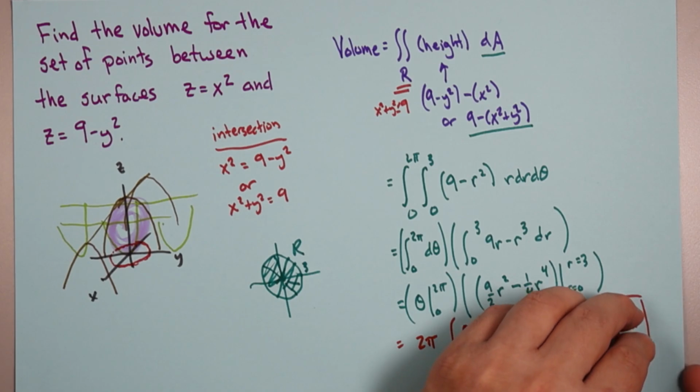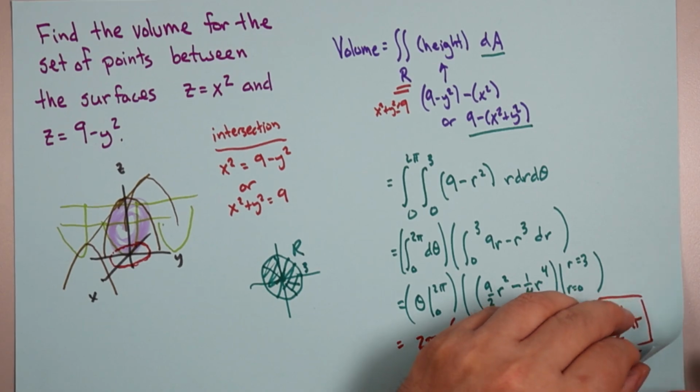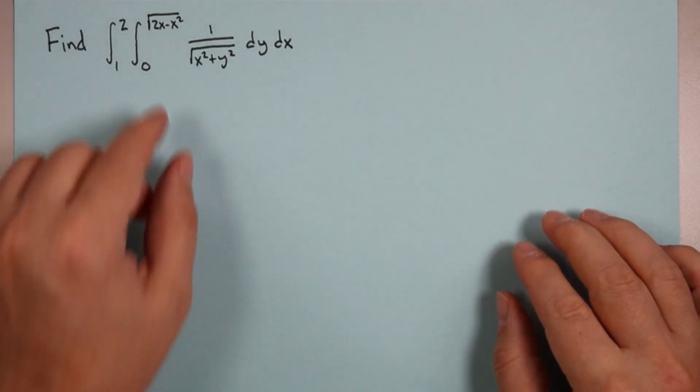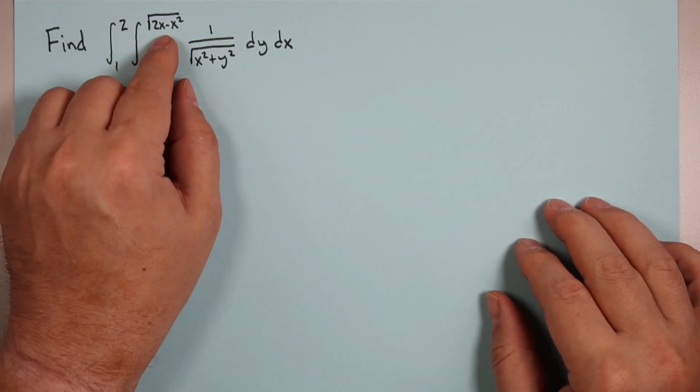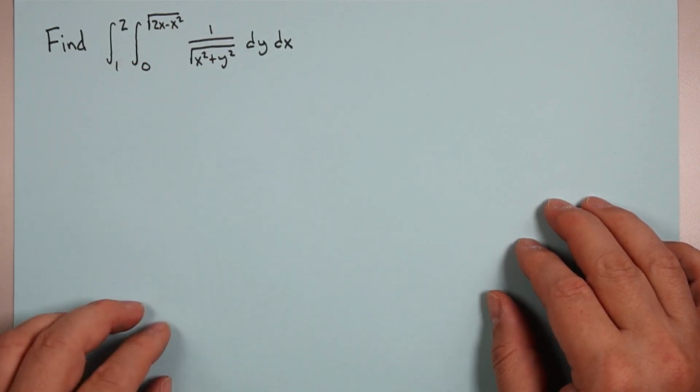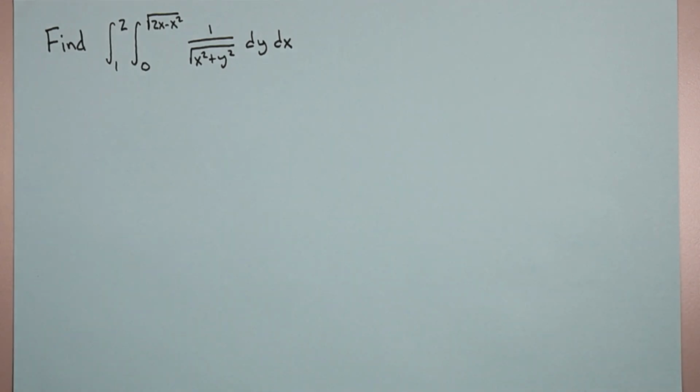All right, well, let's try another problem. Find the integral from 1 to 2, integral from 0 to square root of 2x minus x squared, of 1 over the square root of x squared plus y squared, dy dx. Now this looks pretty hopeless, right? So let's think about this. We know we're going to go polar just because that's the theme of the day.